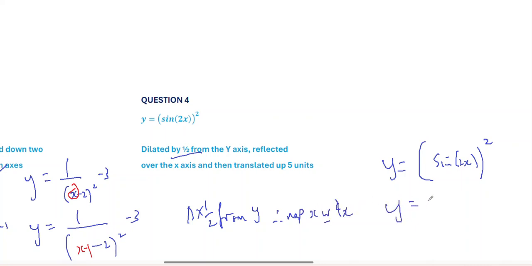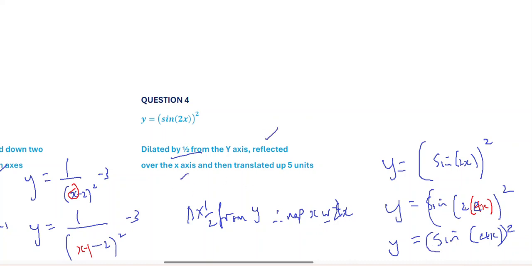So it will be y equals the sine of 2 times 4x, squared. Dividing by a half, that's 2, so that's 4x all squared.